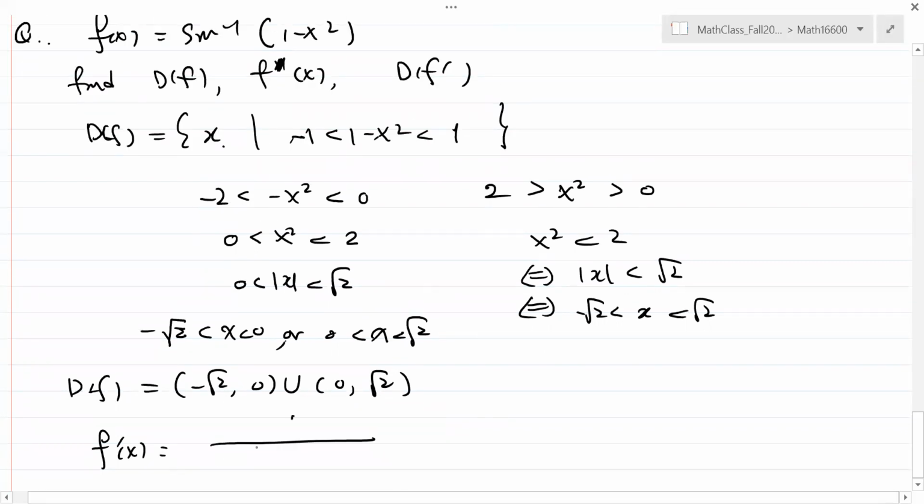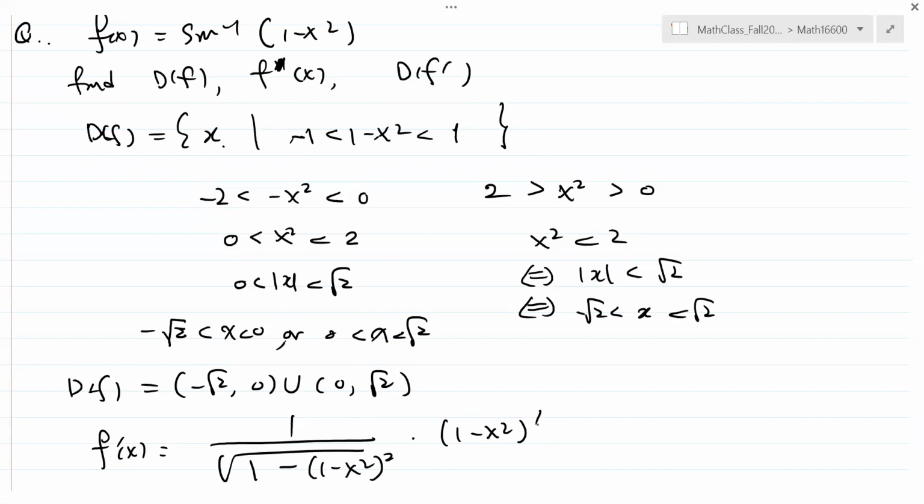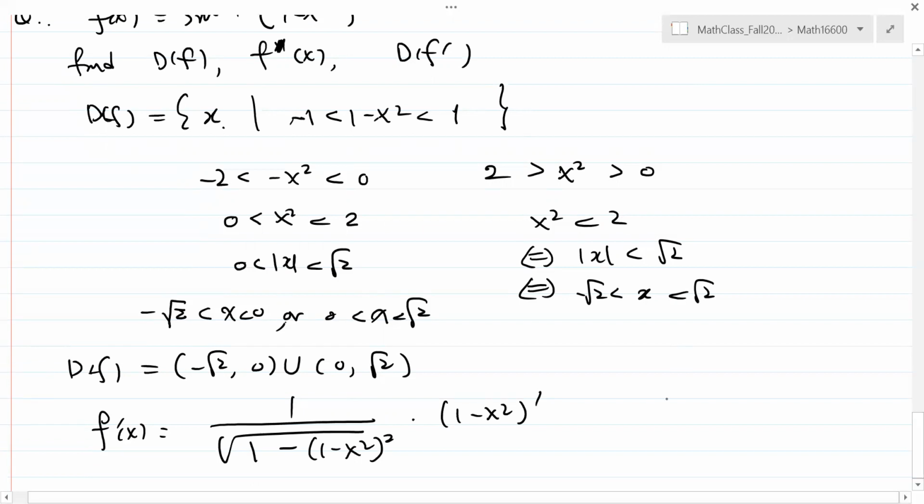It's going to be square root of 1 minus whatever is inside, that's squared. Then you differentiate the 1 minus x squared. Some common mistakes will be students will just put the square root of 1 minus x squared. But that's wrong. You have to put 1 minus x squared, then squared.